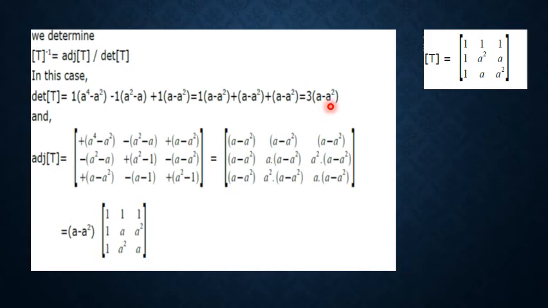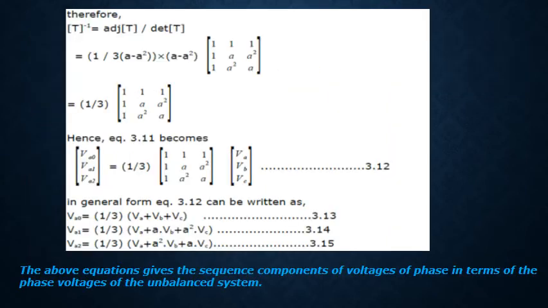Further, we get the adjoint of T, and you can see from this matrix how to obtain it, as you are already familiar with it. Now we'll move to the next step.